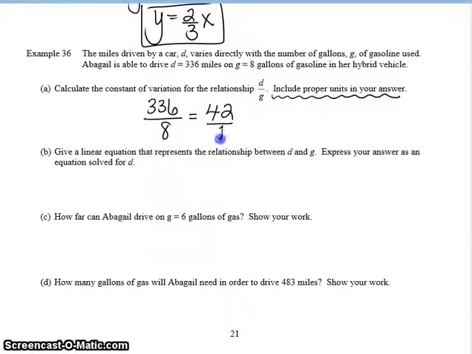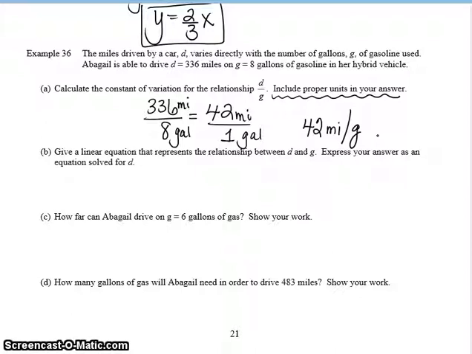So it's 42 over 1. You can't just leave it 42, because it's representing miles per gallon. So you can't say 42 miles, it's per 1 gallon. You could also write it like this. That means the same thing, 42 miles per gallon.